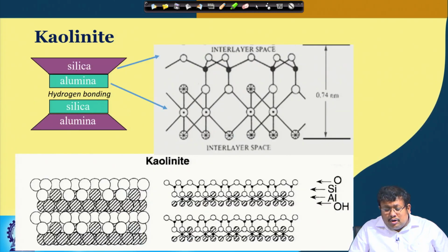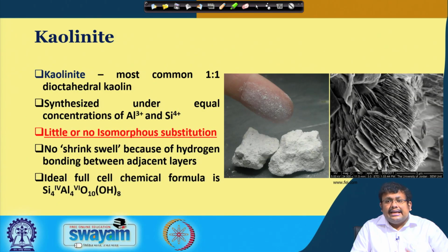So, there is no excess negative charge development here, because there is no isomorphous substitution in case of kaolinite. As a result of that, there is no shrinking and swelling properties in kaolinite because of hydrogen bonding between the adjacent layers, and that is why this type of mineral, kaolinite, is nutrient poor, and the ideal full cell chemical formula is given here.